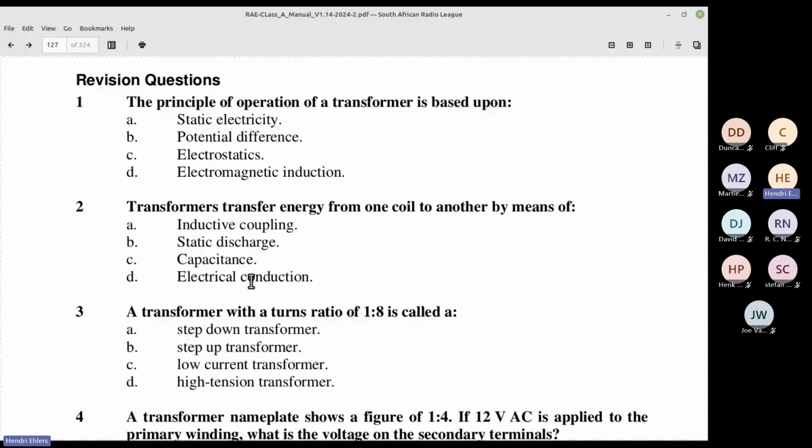Transformers transfer energy from one coil to another by means of inductive coupling. Correct, yes. If anybody at any point doesn't know how we got to an answer, they must please jump up and say, "Hey, whoa, help!"